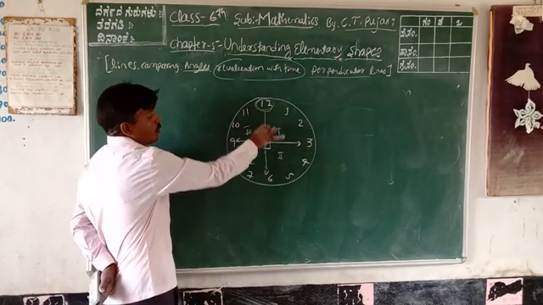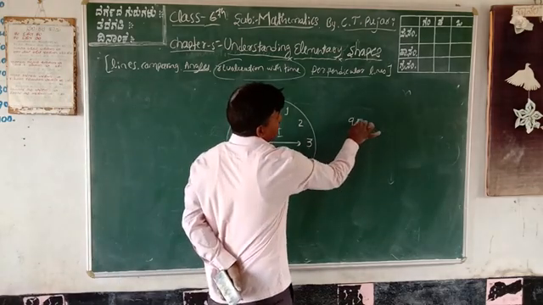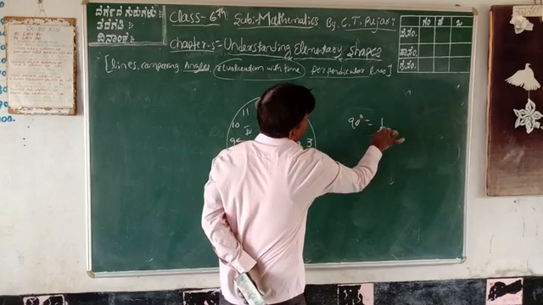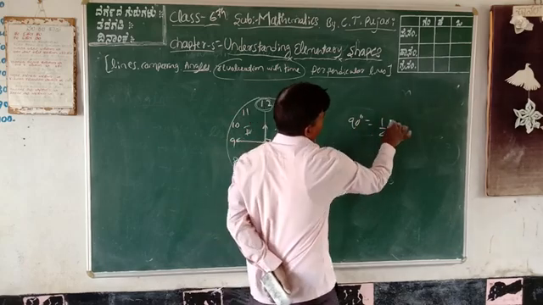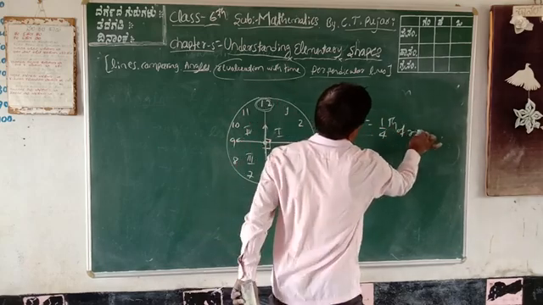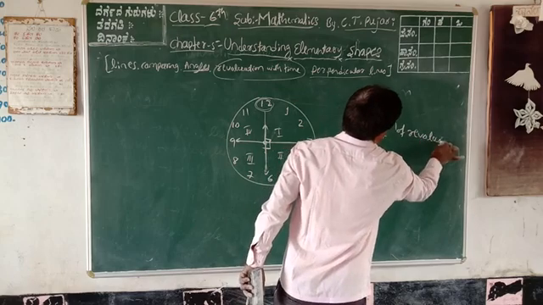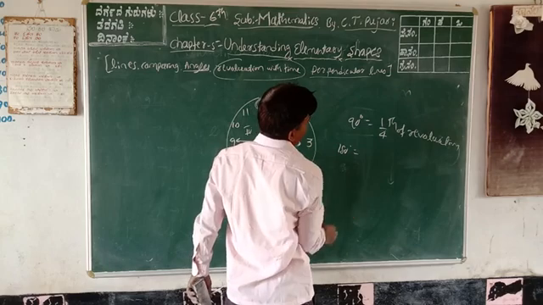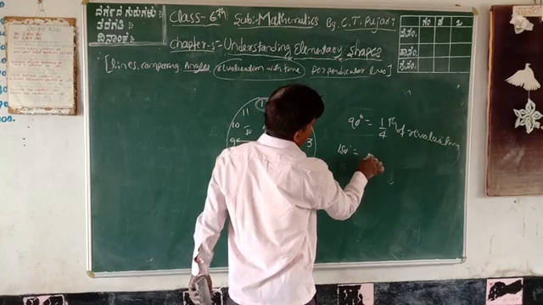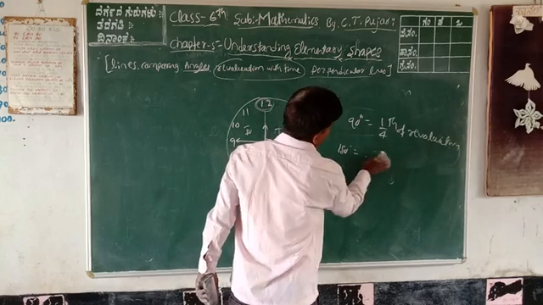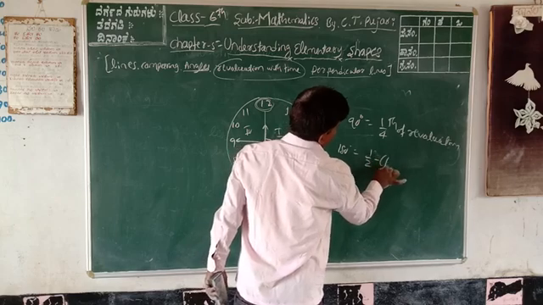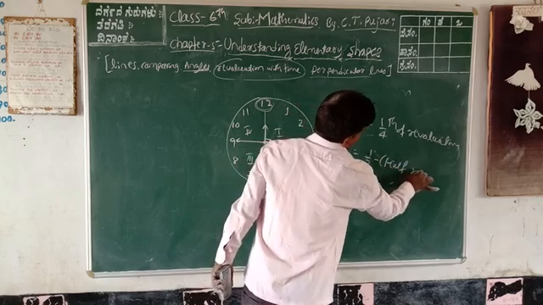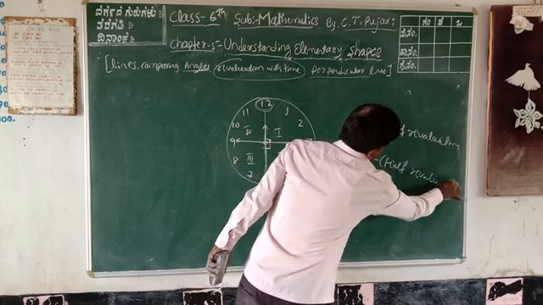90 degrees is what? One-fourth of a revolution. Next, 180 degrees means half of a revolution.